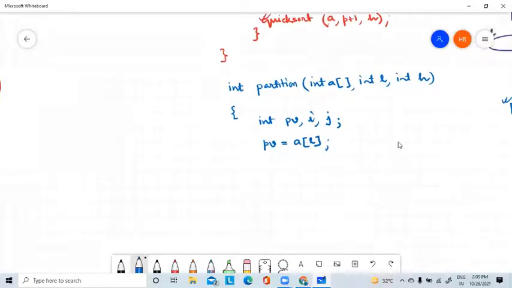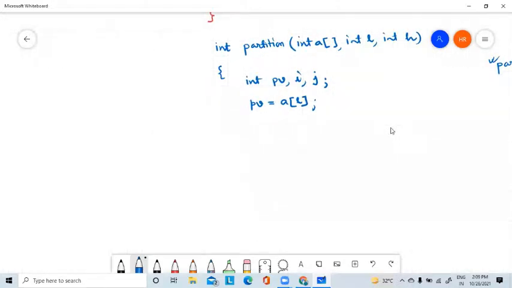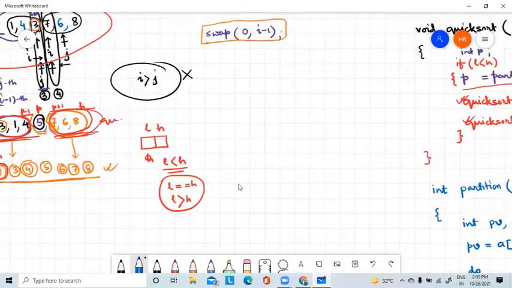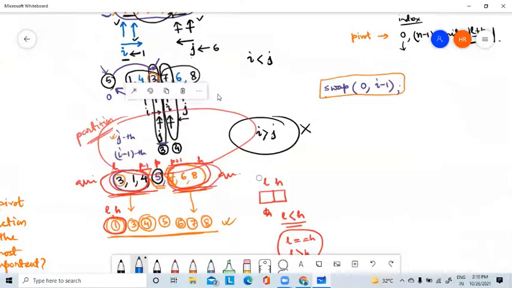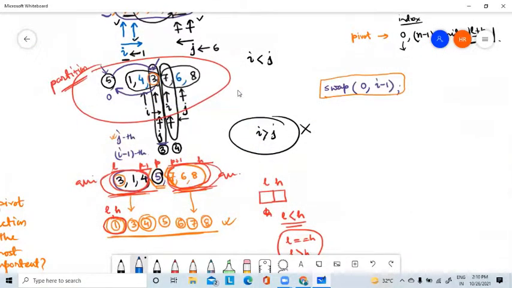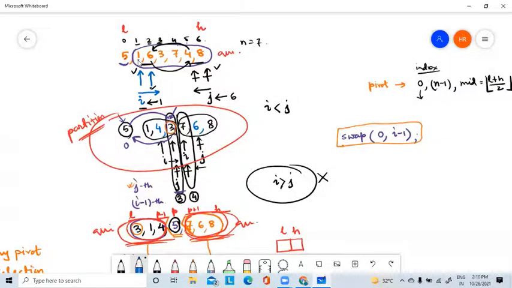Then the pivot will be selected as the lowest index value element. Before this, I have to set the variables: I equal to L plus 1 and J equal to H. I also have to set these two variables. Then in this example, I have compared the pivot with the ith element.